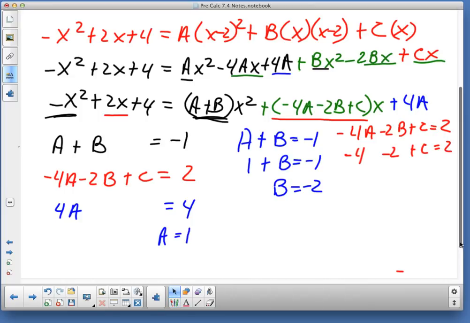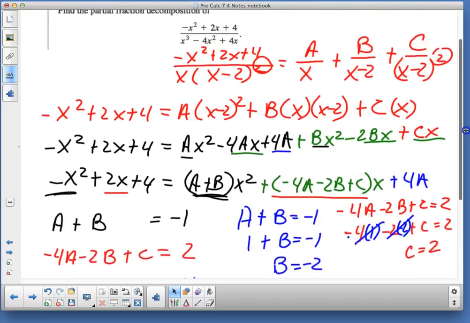Now I'm going to find out by substitution here, A is 1, B is negative 2. So that's negative 4 and positive 4, that's going to be 0. So C is just 2. Okay, so I know that A is 1, B is negative 2, and C is 2.